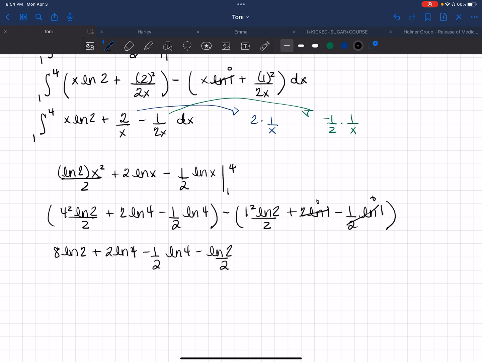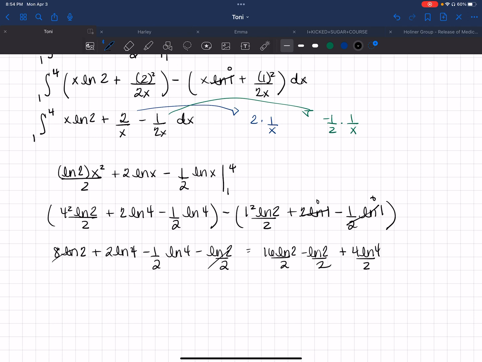The first thing I will do is put those natural logs of 2 together. So I'm going to kind of go back a little bit. So that gives me 16 natural log of 2 over 2 minus the natural log of 2 over 2. Okay, and then I'm going to put the natural log of 4's together plus 4 natural log of 4 over 2.